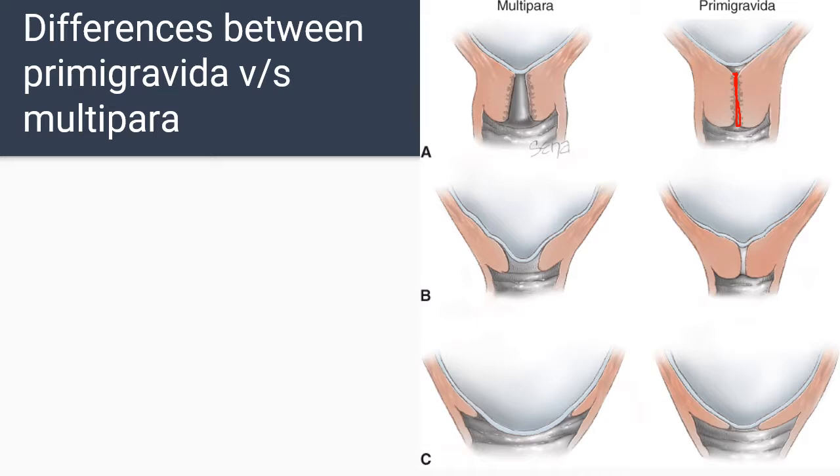When the labor is progressing, the cervix will first efface. The effacement will be completed, and after the effacement is completely done, the cervix is going to start the process of dilatation. So in the primigravida comes first the effacement and then the dilatation.